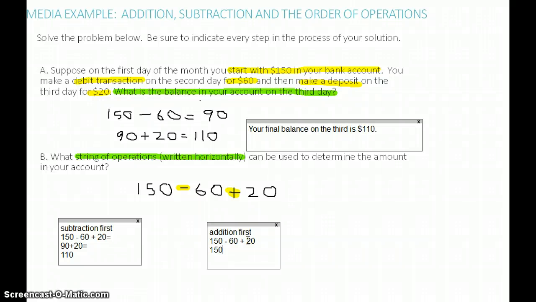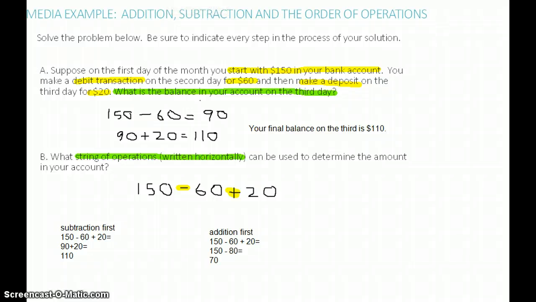So the 150 is still there, minus 80, and 150 minus 80 is 70. Oh, let me put in my equal signs. Okay. So notice our results are different. Here we had 110, which we found was our correct result based on the information in the problem. And here we had 70, which is incorrect.